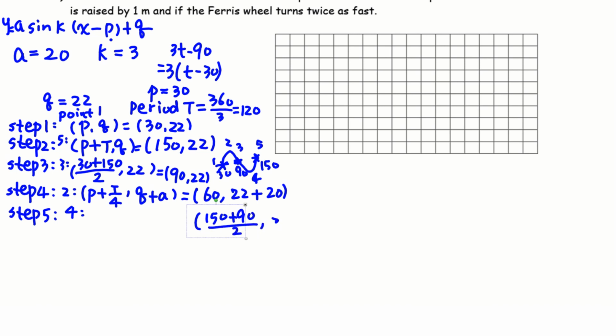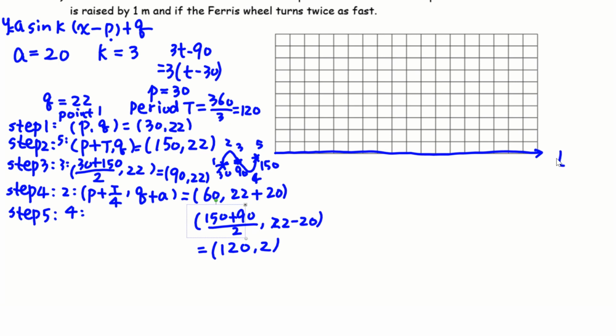It will be the q value take away the A value. So you will have 120 and 2. So now you have 5 points. So we are going to see the lowest point is 2. So we are going to put the x-axis here. Nothing below 0.